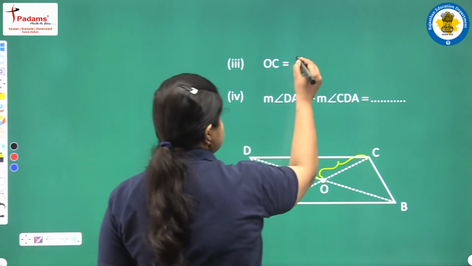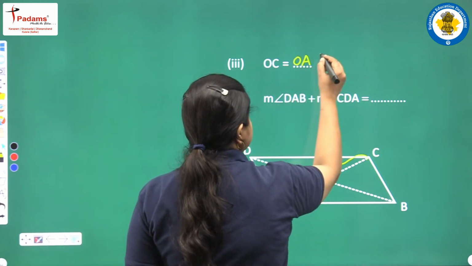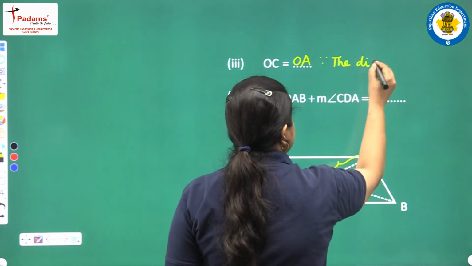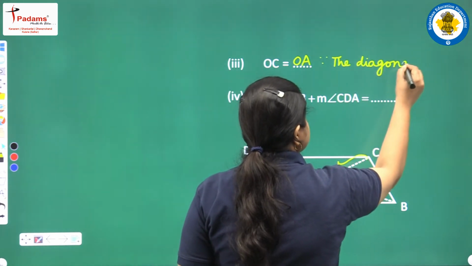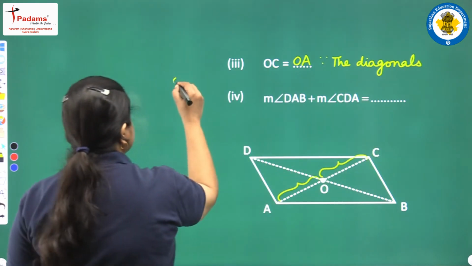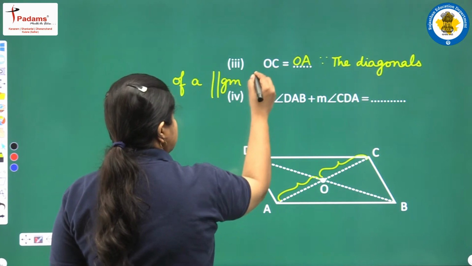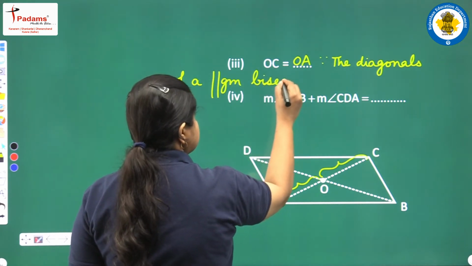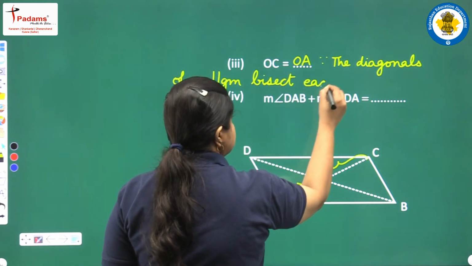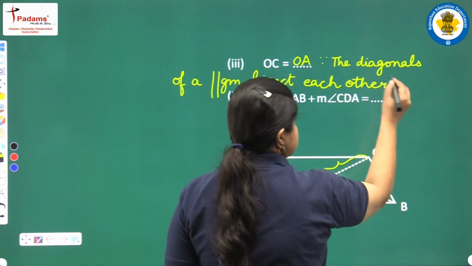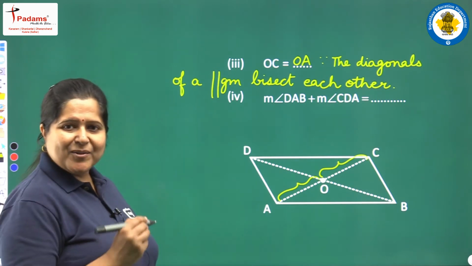So we can say OC will be equal to OA because the diagonals of a parallelogram bisect each other. So this is the property being used here.